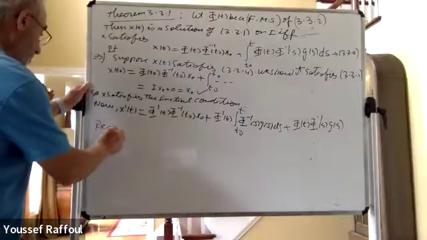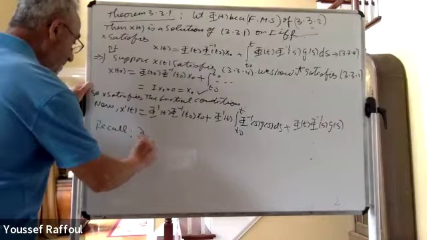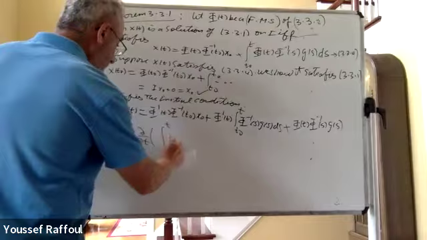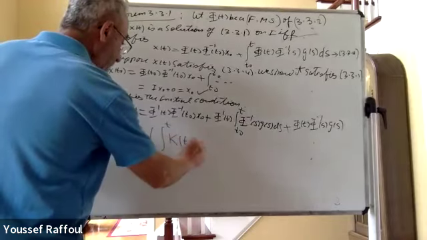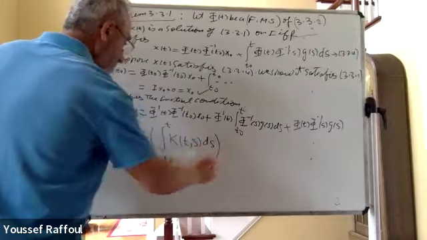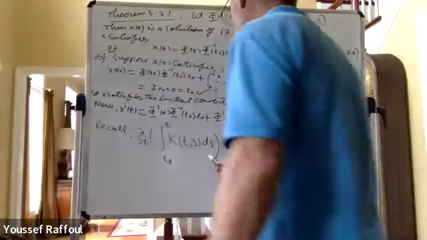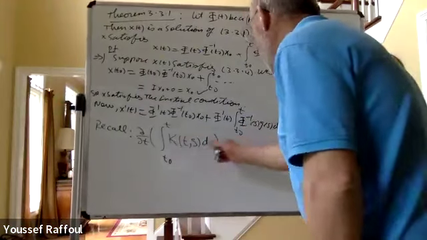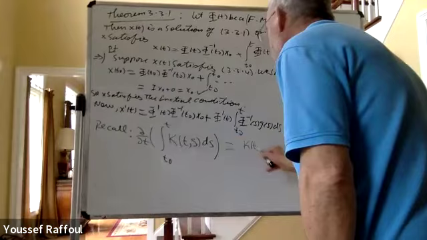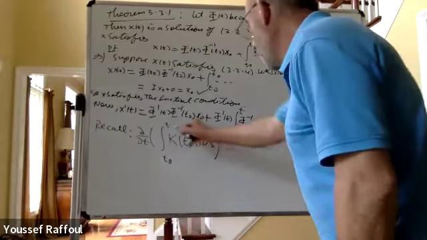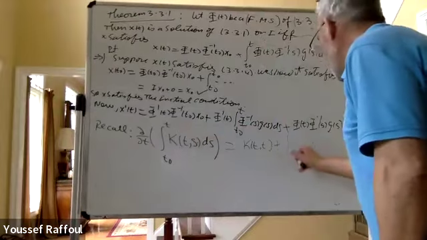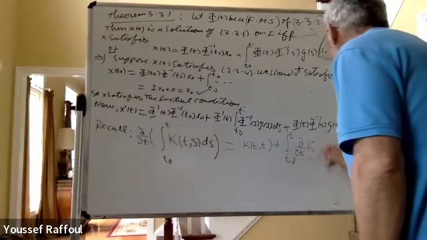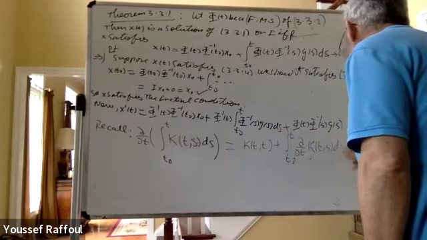Recall, del over del t of the integral from t_0 to t of K(t, s) ds is K(t, t), when you put t in, plus the integral from t_0 to t of del over del t of K(t, s) ds.